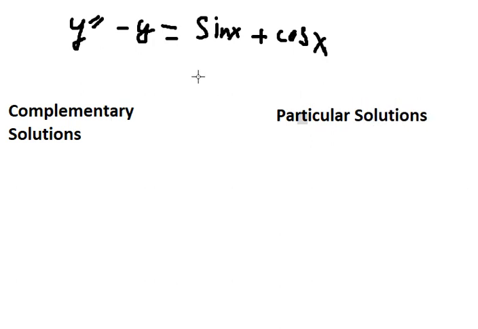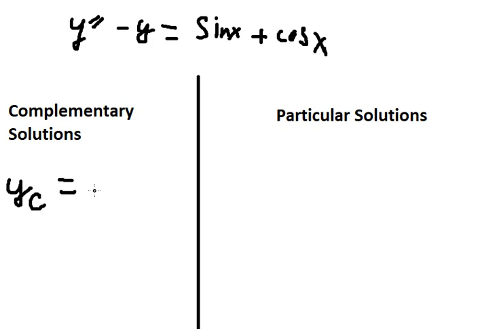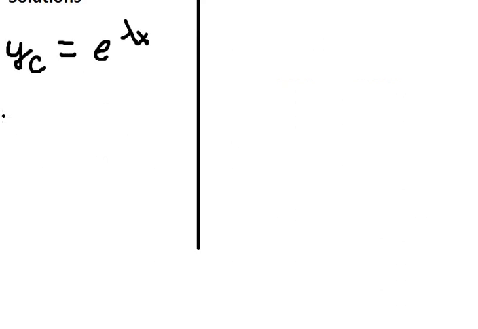So in this one, I will put yc. That is e to the power of lambda x. After that, we need to take the first derivative of yc. That is lambda e to the power of lambda x.